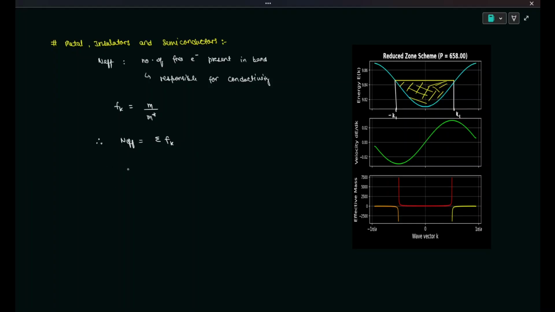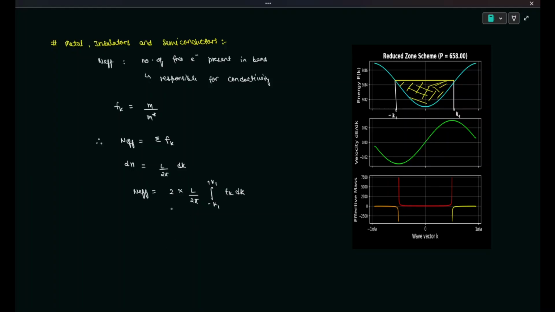Now also if you remember, we have calculated the number of electrons inside a particular range of dk as equal to L divided by 2 pi times dk. This was for a crystal of length L, and since each state is occupied by a maximum of 2 electrons, the effective number of free electrons present in the band between minus k1 to plus k1 becomes N effective equal to 2 times L divided by 2 pi, and then the integral from minus k1 to plus k1 of fk dk.